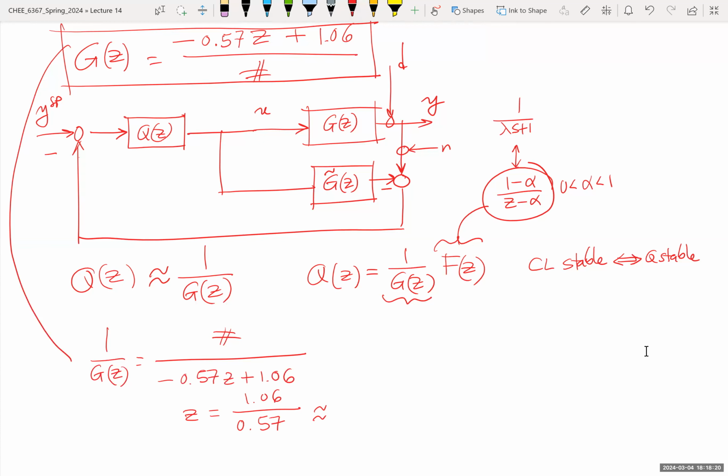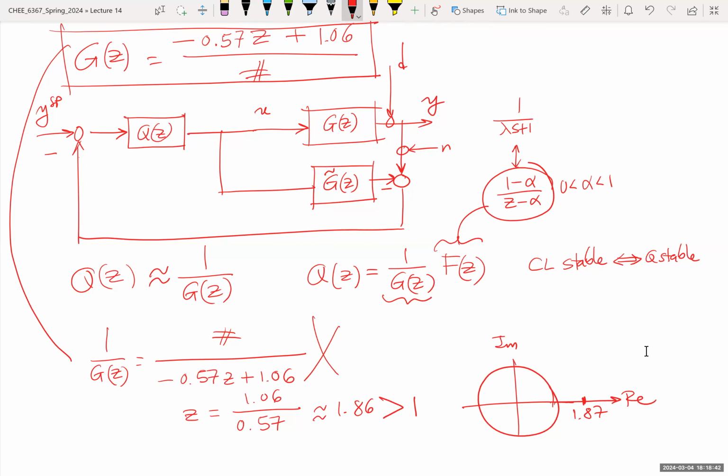Well, yeah, 1.86, which is greater than 1. Is it inside the unit disk? Real, imaginary? No. It's here somewhere, right? Therefore, I cannot use this here. I have to find something else.